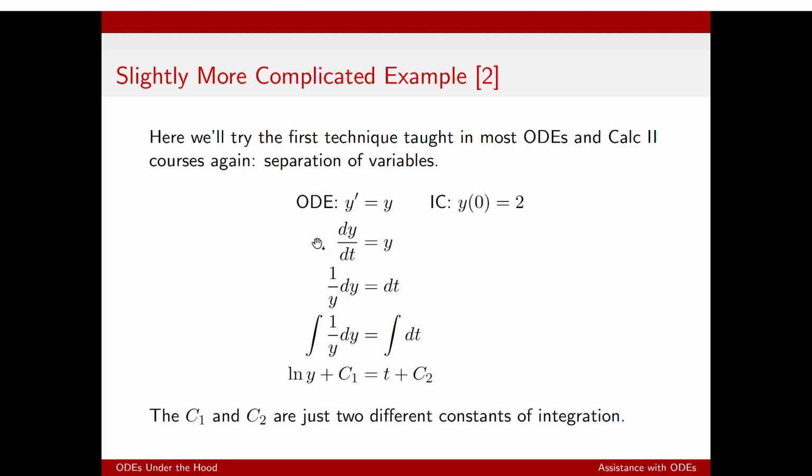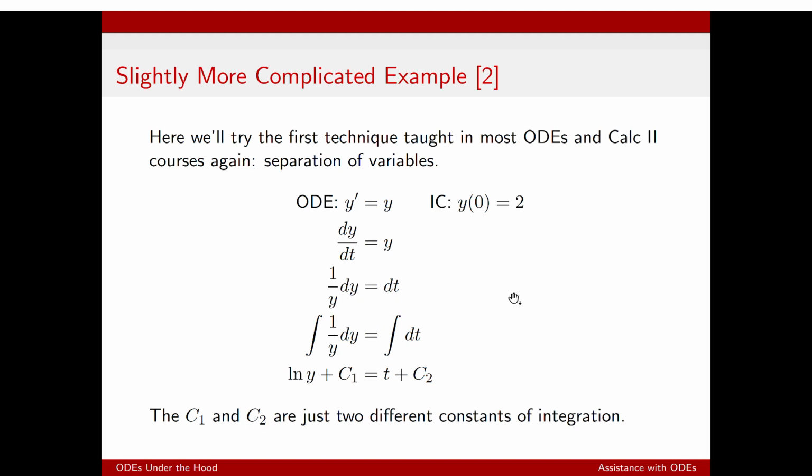Again, this Leibniz notation is much more useful. Moving this equation around, we want to keep the dy out of a denominator, so we'll leave this one on this side. We're going to move the dt over here, and move this y over in this direction by dividing. So we get 1 over y dy equals dt.